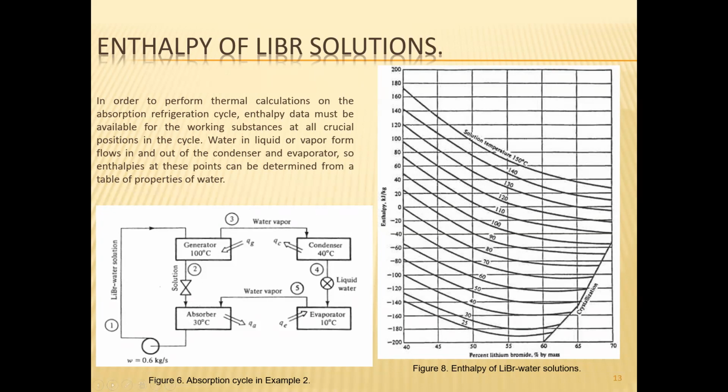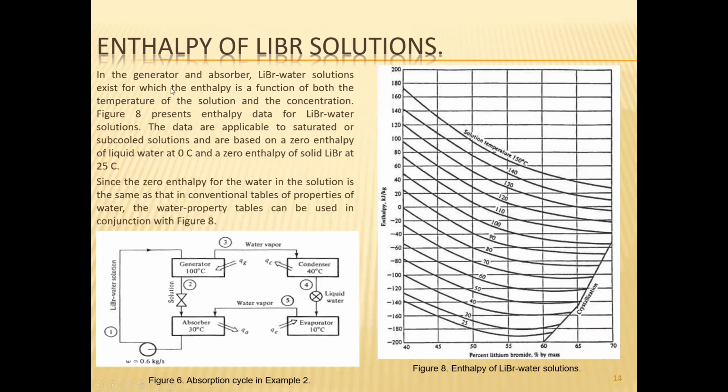Okay? So, in the generator and absorber, lithium bromide water solutions exist for which the enthalpy is a function of both temperature of the solution and the concentration. So, figure 8 presents enthalpy for lithium bromide water solution. The data are applicable to saturated or subcooled solution and are based on zero enthalpy of liquid water at 0C and a zero enthalpy of solid lithium bromide at 25C.